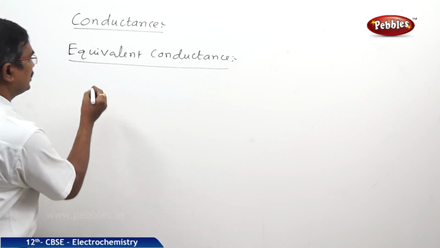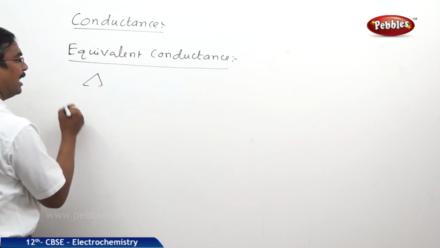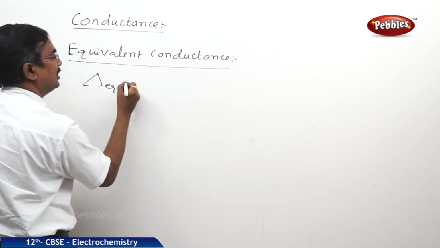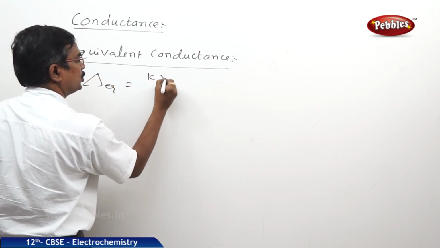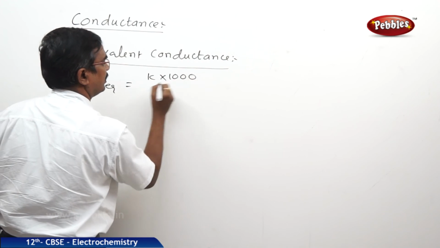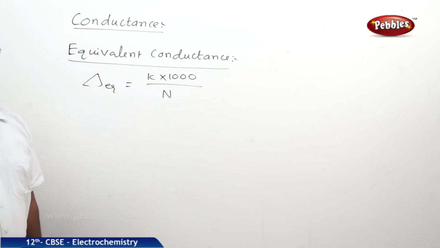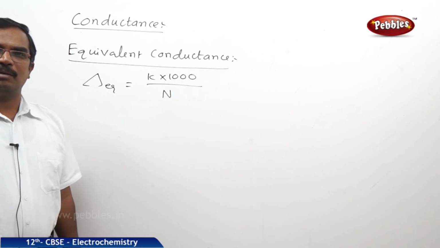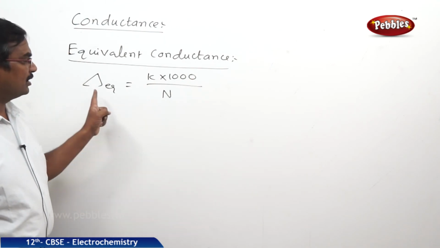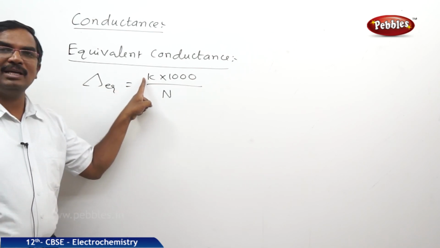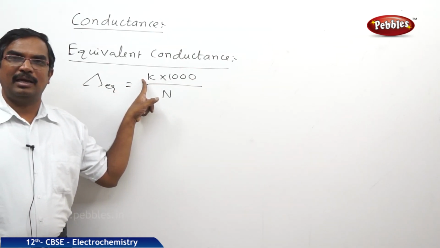So lambda equivalent, or equivalent conductance, is given by K into 1000 divided by normality of the solution. This is how we can show the relation between this equivalent conductance and the corresponding conductivity K.